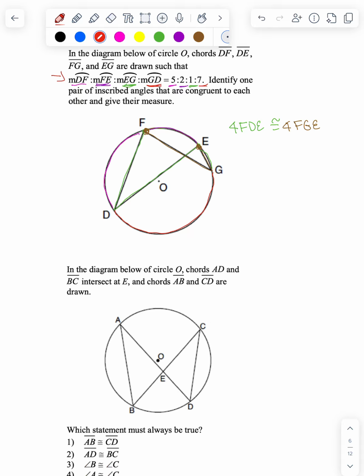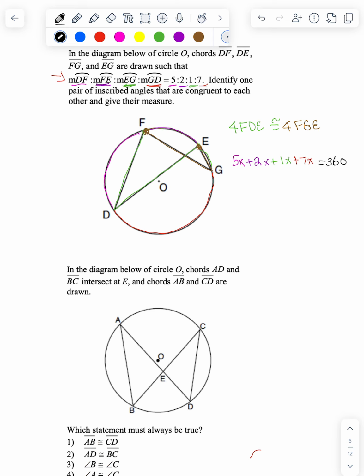So I can make an equation: I take the 5x part, the 2x part (the 2 part of the ratio, I'm just representing it with an x next to it), the 1 part, and the 7 part. Altogether, it should equal 360 degrees.